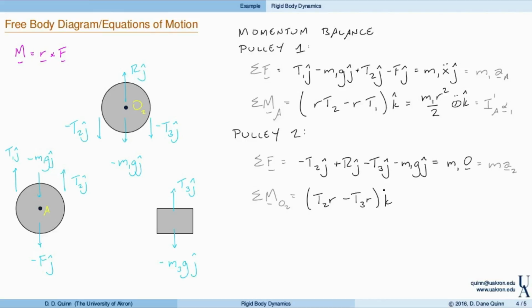So that produces a moment minus T3 times r in the k direction.